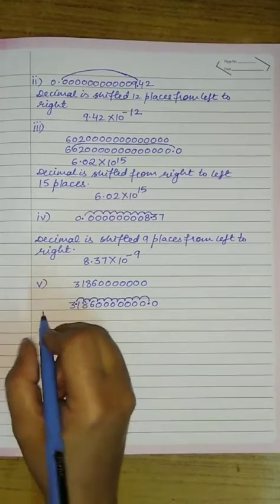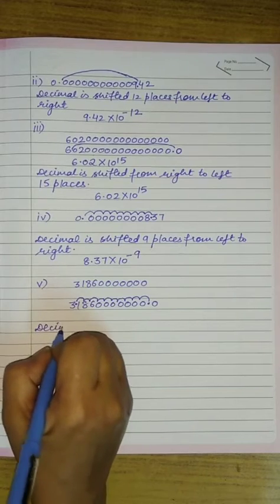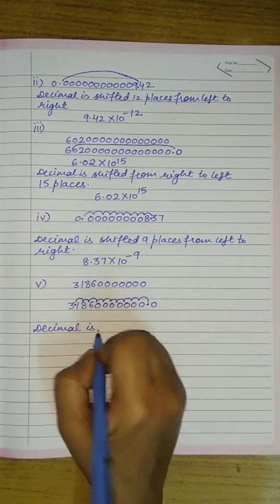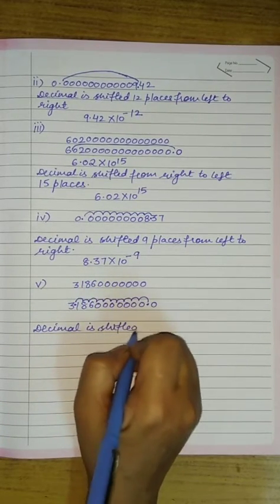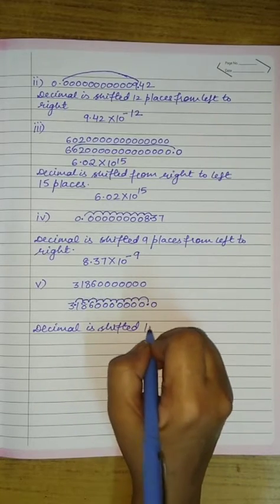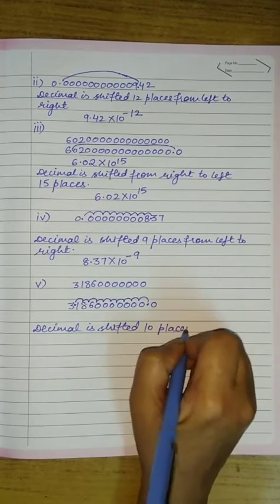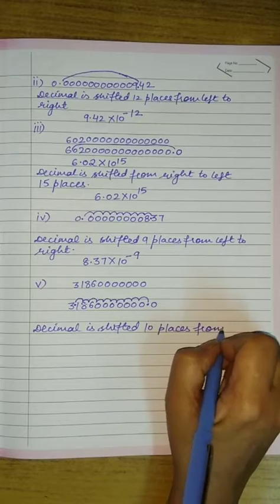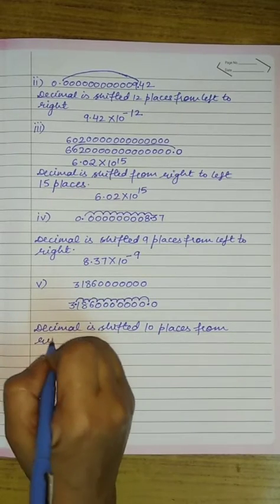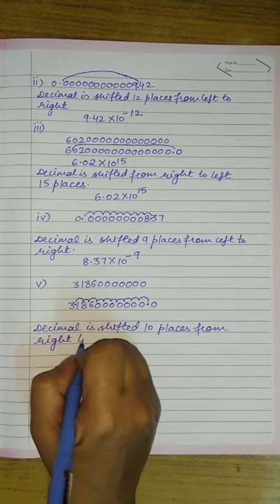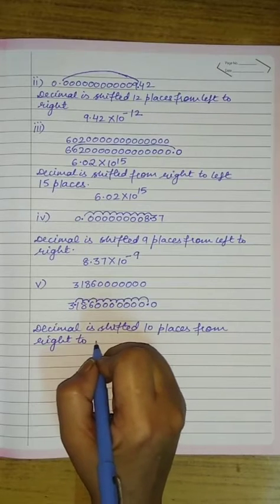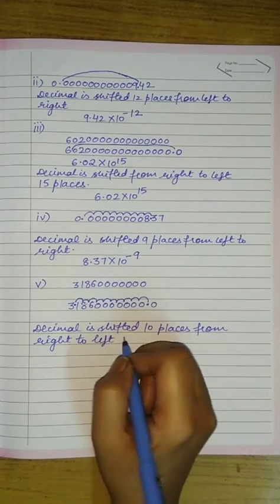So I will write decimal is shifted how many places? 10 places from right to left. I have shifted the decimal from right to left 10 places.